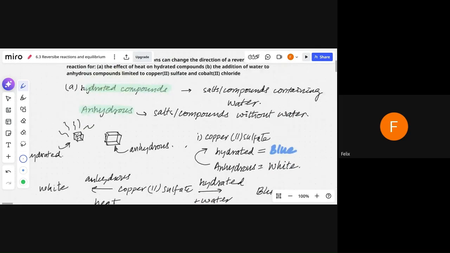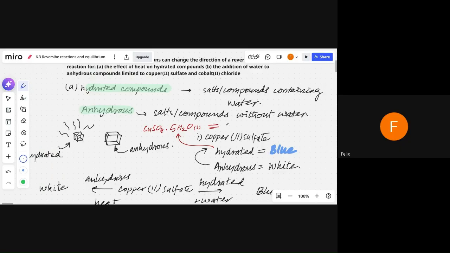So for copper sulfate, this is the equation. CuSO4 dot 5H2O. That is the formula for the hydrated form. You can see that 5 molecules of water are trapped in one molecule of CuSO4, copper sulfate, and it's a solid.